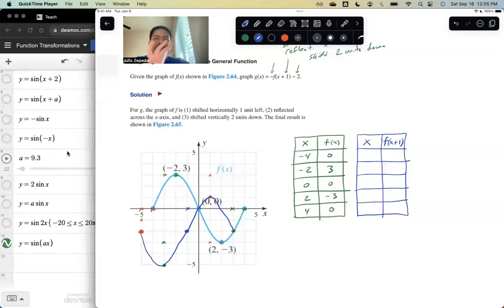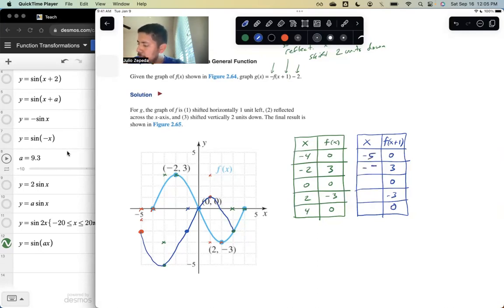If we shifted this 1 unit to the left, that would just change my x values, and they would all decrease by 1. So the y values would stay the same, and all of the x values would decrease by 1.